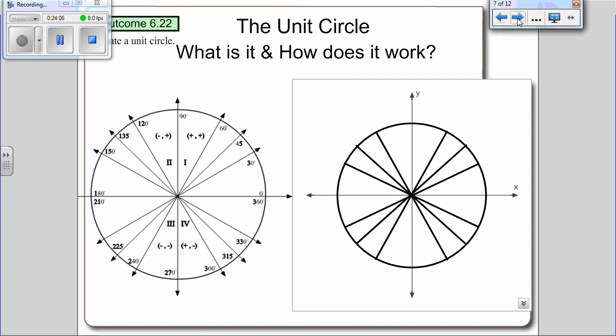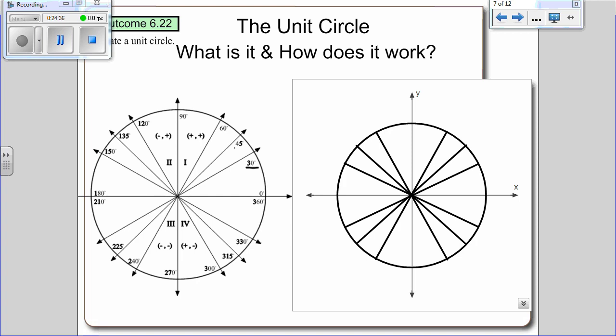Alright, the unit circle is a special circle with radius 1. So that means anywhere from the center to the outer edge would be a distance of 1. That means if you were to create some triangles in here with standard position angles of 30 degrees, 45 degrees, and 60 degrees, you would have our 3 special triangles.